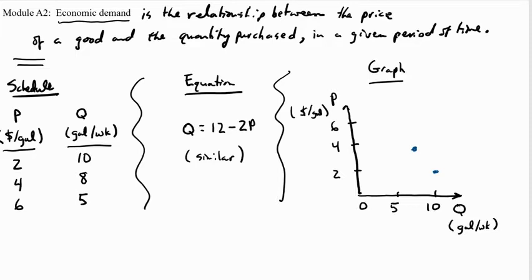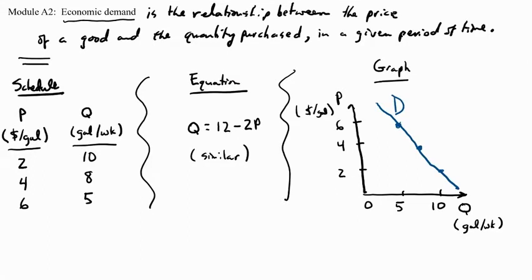And at $6 per gallon, this household would choose to purchase just 5 gallons per week. We often show this as connected right through the points, and we label this with a D for economic demand.